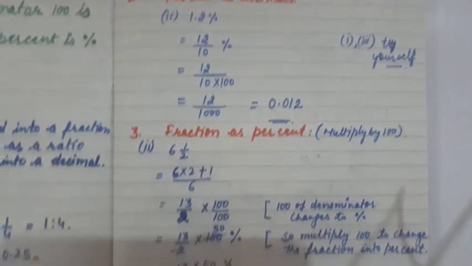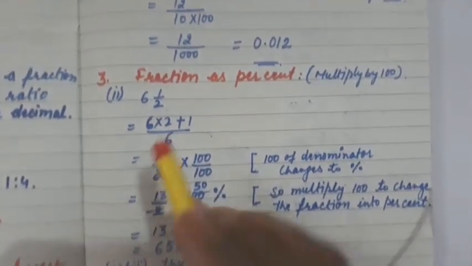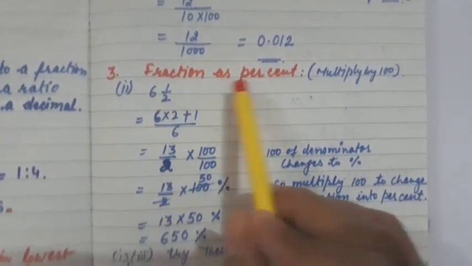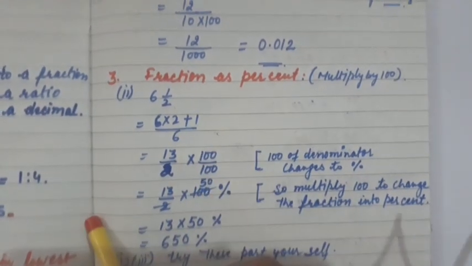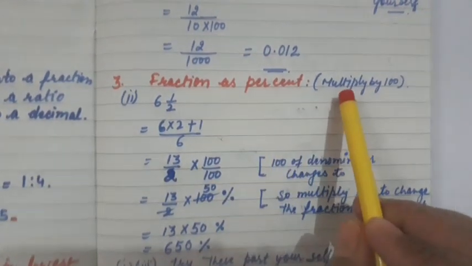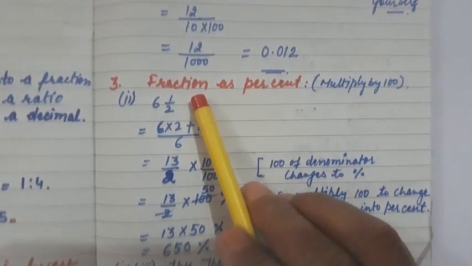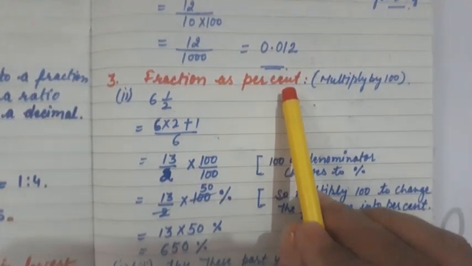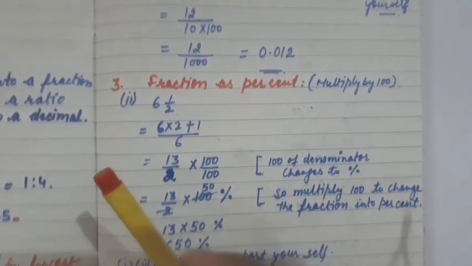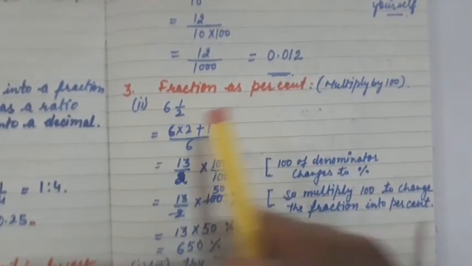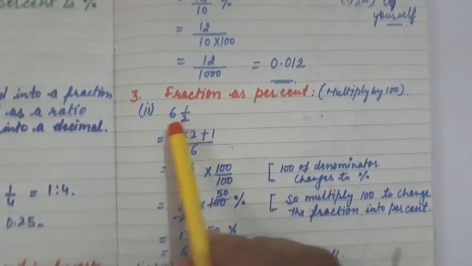It is simple. Question number 3 is fraction as percent. We are given a fraction and we have to change it into percent. In this case, when we change the given fraction into percent, we directly multiply by 100. It becomes a percent.